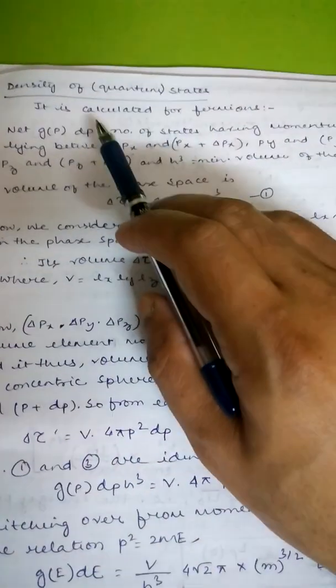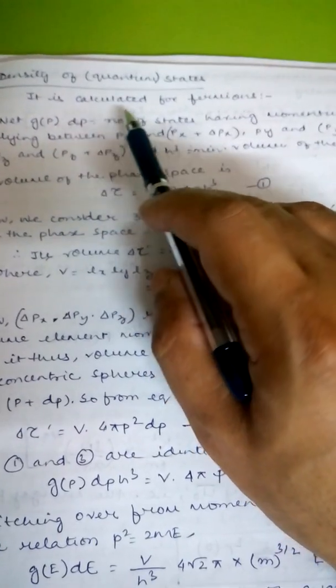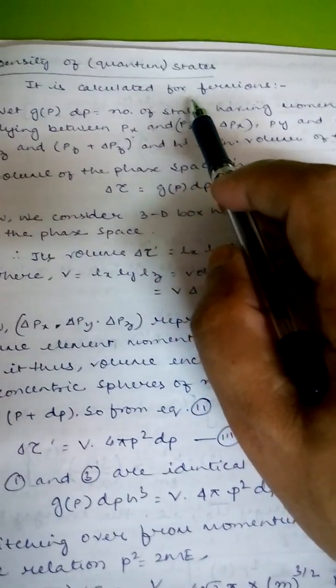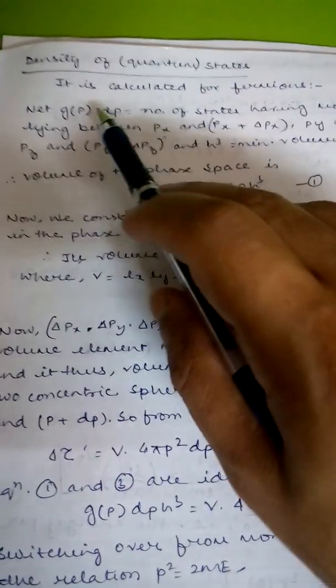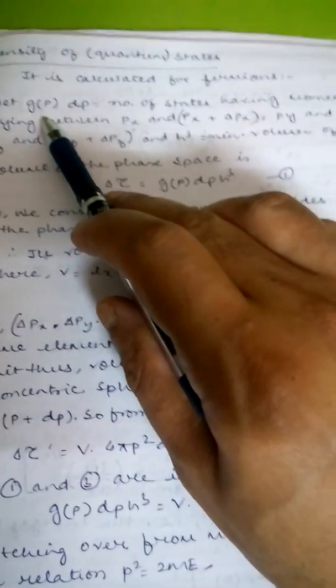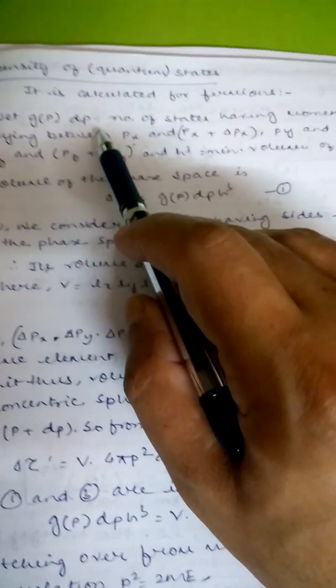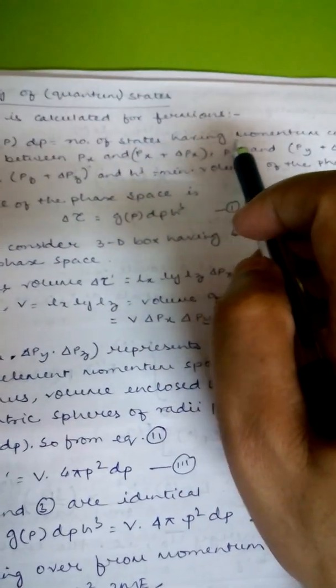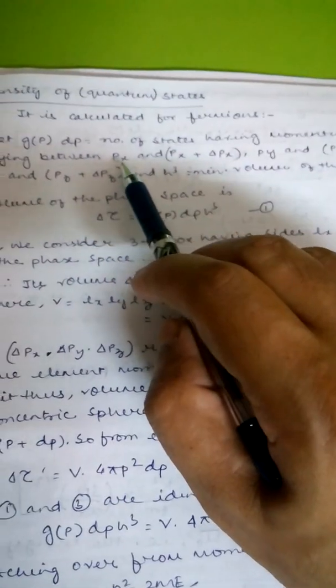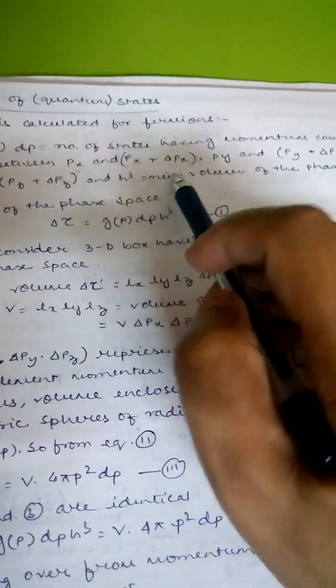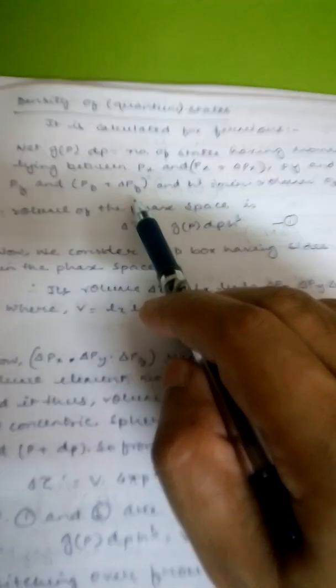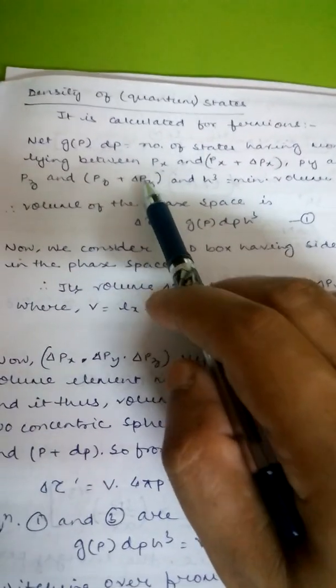Now, how to calculate density of state? It is calculated in this fashion. We consider g(p)dp as the number of states having momenta between Px and Px plus delta Px, Py and Py plus delta Py, and Pz and Pz plus delta Pz.